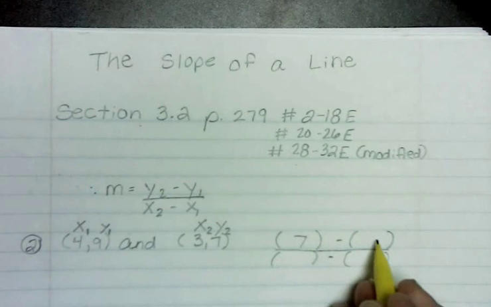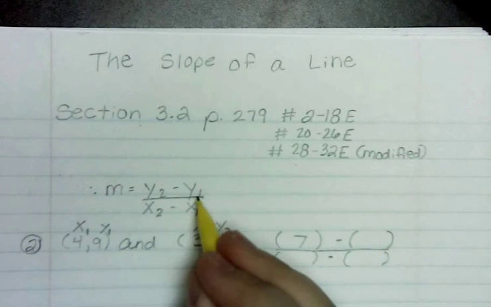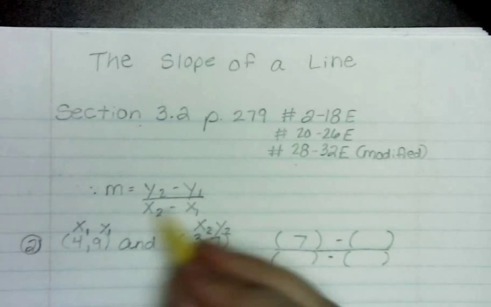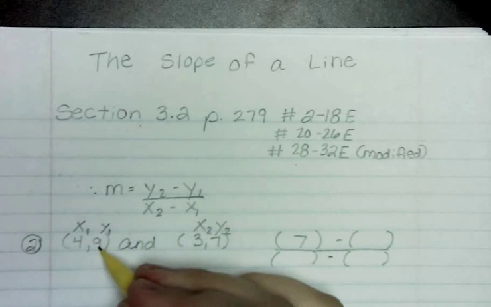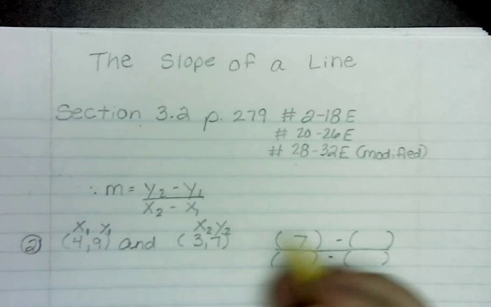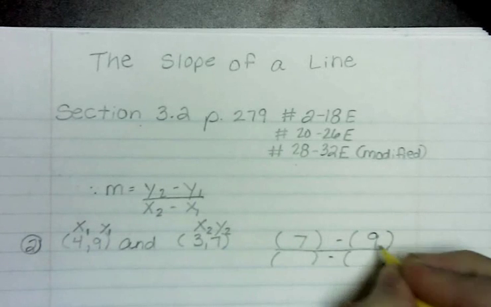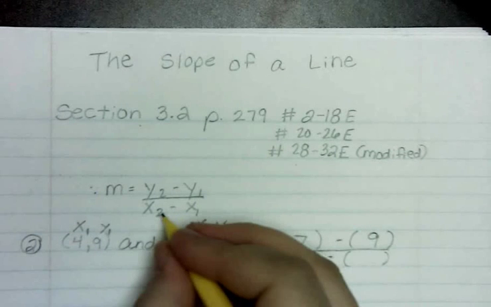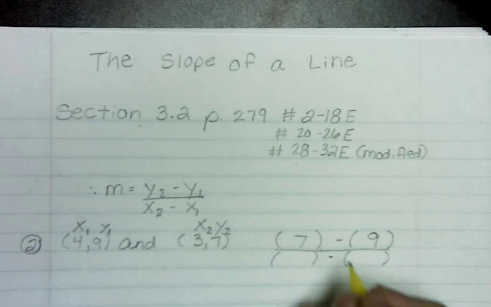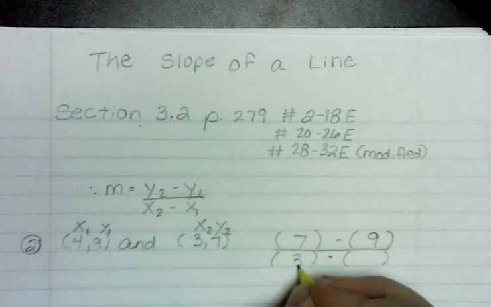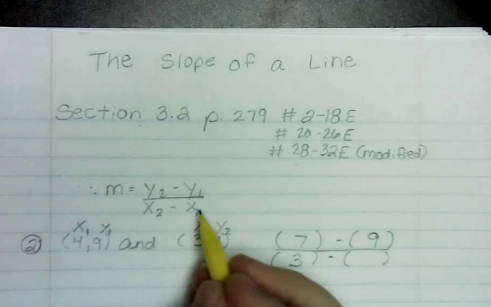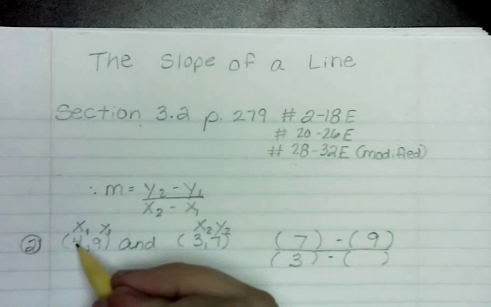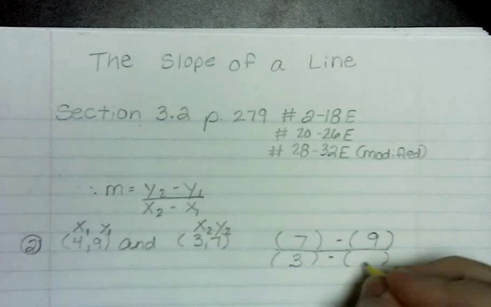Our second value is y sub 1, which here shows it to be a 9. Then we have x sub 2 here. X sub 2 is 3. And then I have an x sub 1, which is 4, so that will go here.